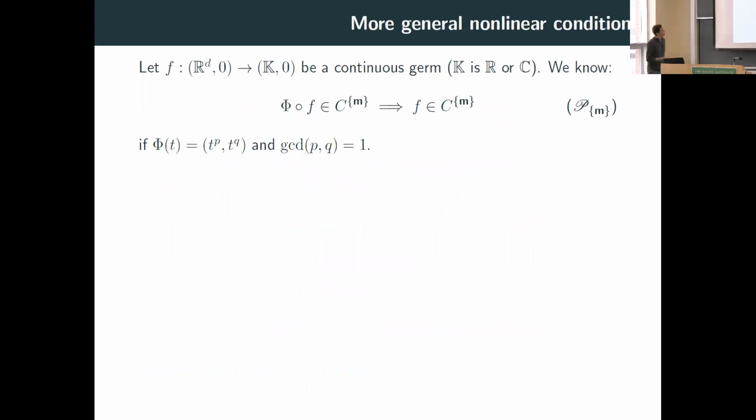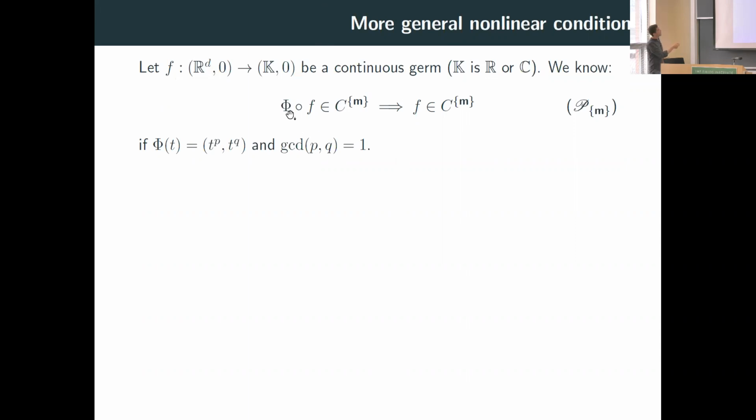Okay, so in the last part of the talk, I would like to speak about more general nonlinear conditions. I can rephrase what I told you in the following way. Now I'm looking at germs, because anyway everything is local. I take a continuous germ defined in a neighborhood of 0 in Rd, taking values in R or C, it does not matter.